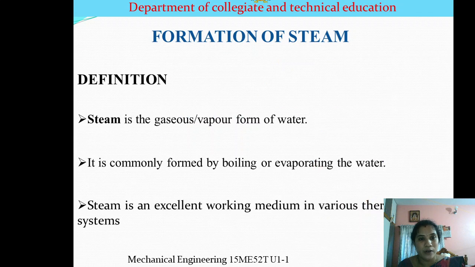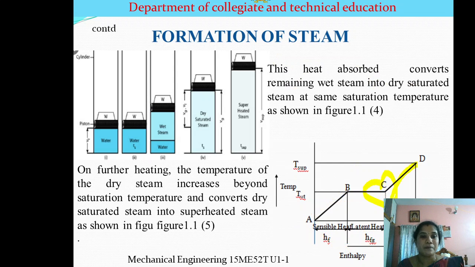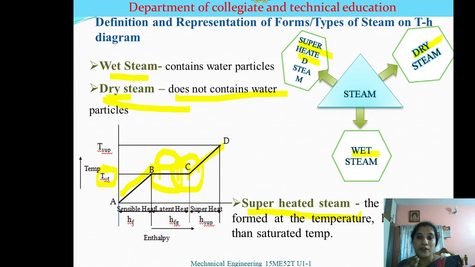We studied the definition of steam, then the formation of steam, the various steps involved in it, and a few definitions like sensible heat, latent heat, and superheat. We also understood how the volume varies with respect to the temperature during this process, which are the three different states of steam, and how we can represent that in a TH diagram.